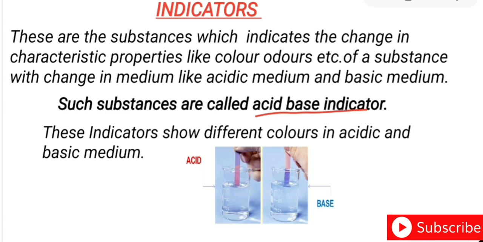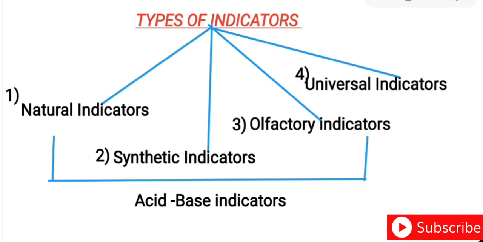Now, let us know how many types of indicators there are. There are 4 types of indicators: natural indicators, synthetic indicators, olfactory indicators, universal indicators. Natural, synthetic and olfactory indicators are known as acid-base indicators because they give the idea whether the substance is acid or base.